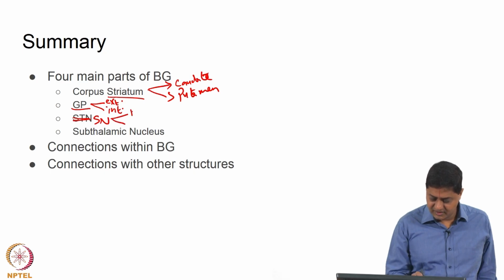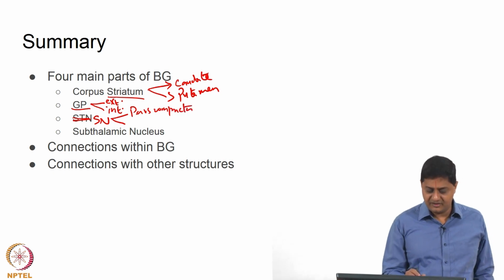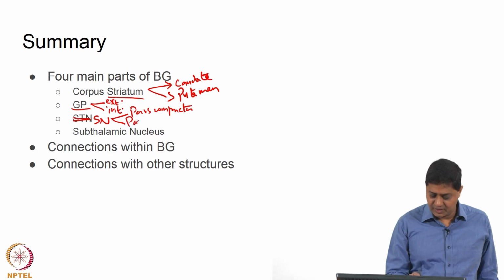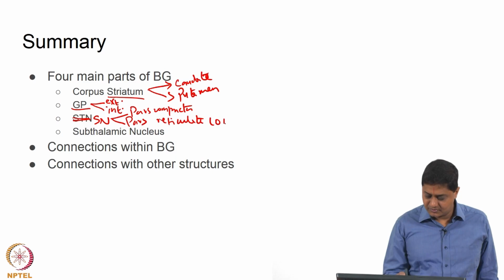This is composed of pars compacta, which is the dopamine producing part of the substantia nigra, and pars reticulata.